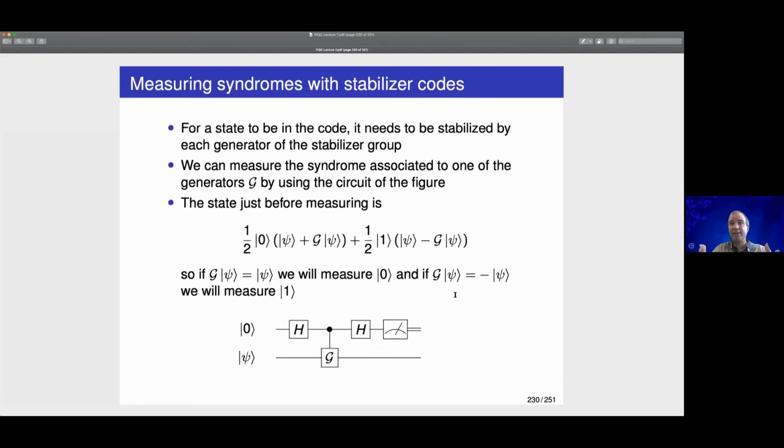And in fact, I'm not going to go into much detail about this, but it's easy to define the circuits for the syndromes that seem to be a little bit complicated in the cases that we have studied. But if you have the generators of the stabilizer group of the code, you can use this beautiful construction here in order to obtain how to measure the syndromes.